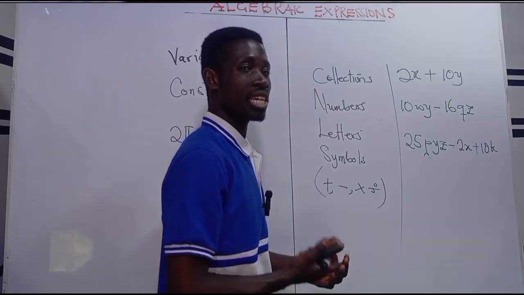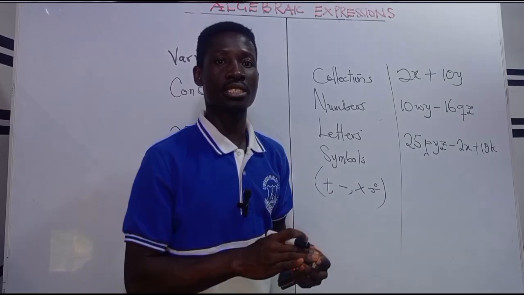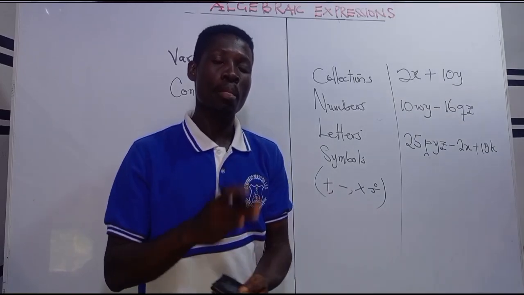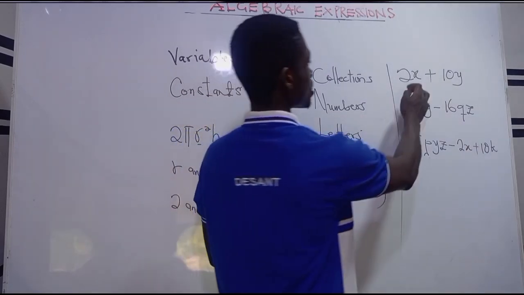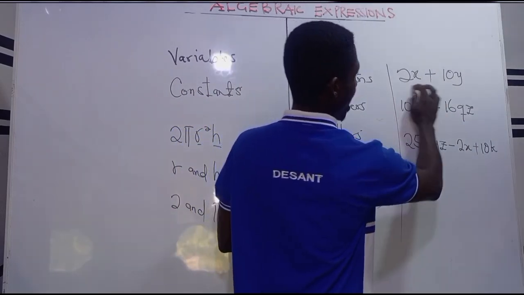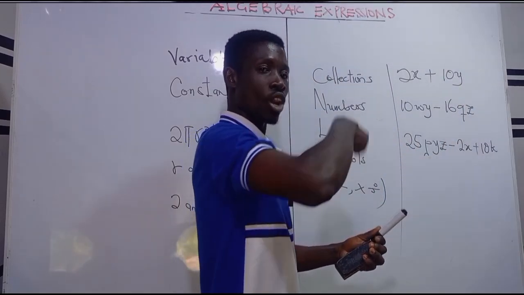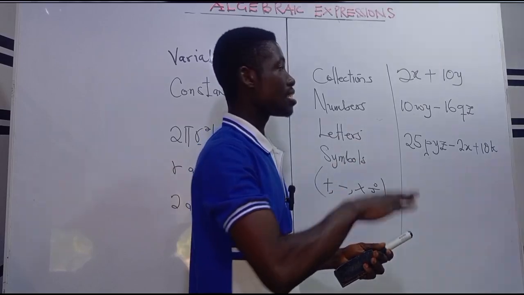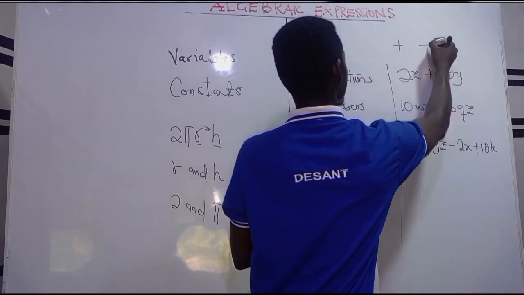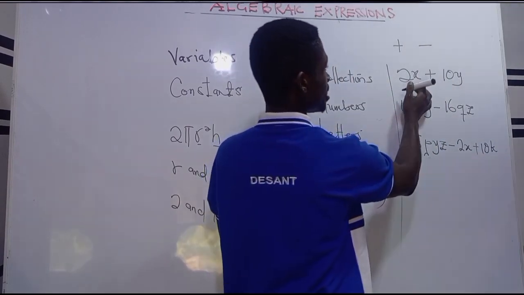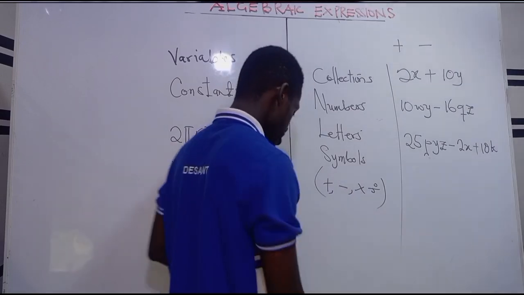Now, in algebraic expression, the terms within the algebraic expression are separated by the addition or the subtraction sign. So looking at this, we have an algebraic expression. Now the terms in the algebraic expression are separated by an operational sign, addition and subtraction. So looking at this first algebraic expression, we have how many terms?